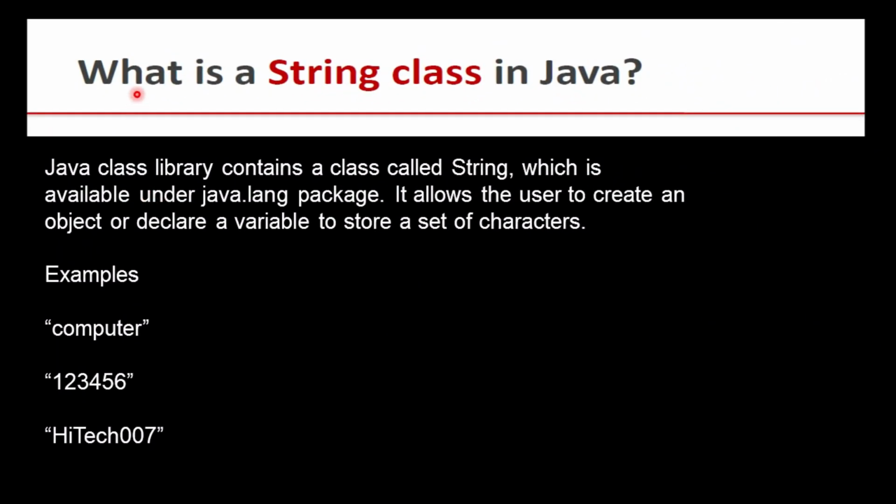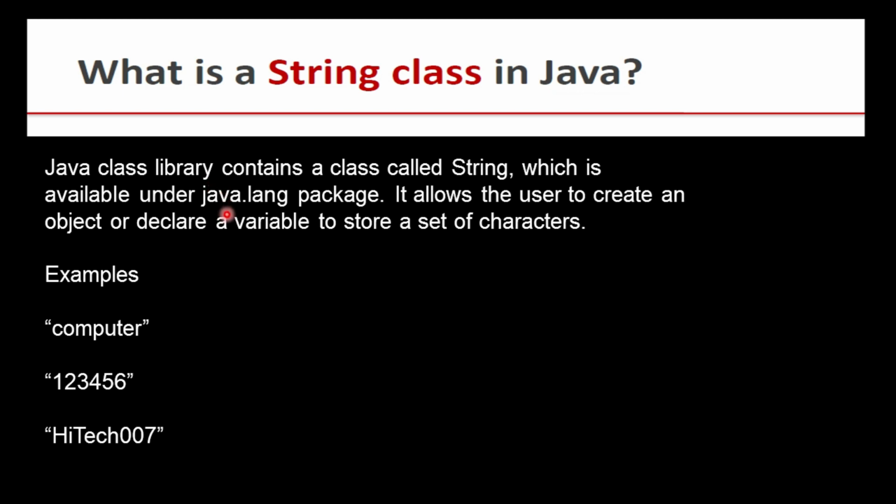we are going to see what a string class in Java is. The Java class library contains a class called String, which is available under the java.lang package. Java.lang is the default package available in Java.